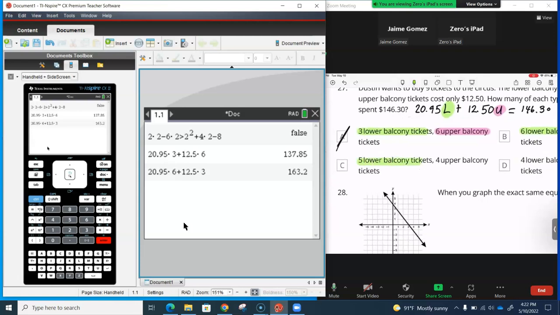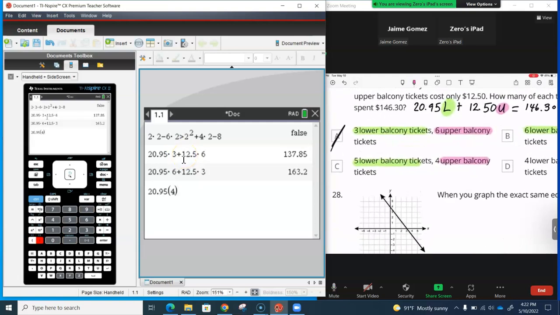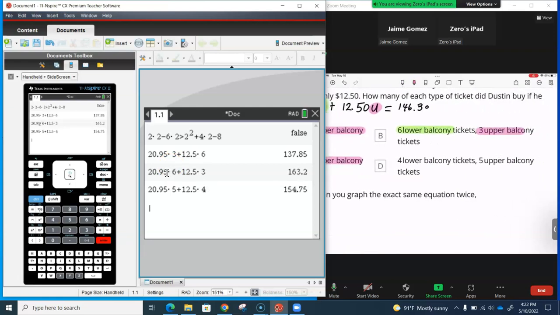This has 5, and this one has 4. So let's try 5 and 4 now. 20.95 times 5, plus 12.50 times 4. 154.75. That doesn't work. So it should be letter D, but let's make sure.